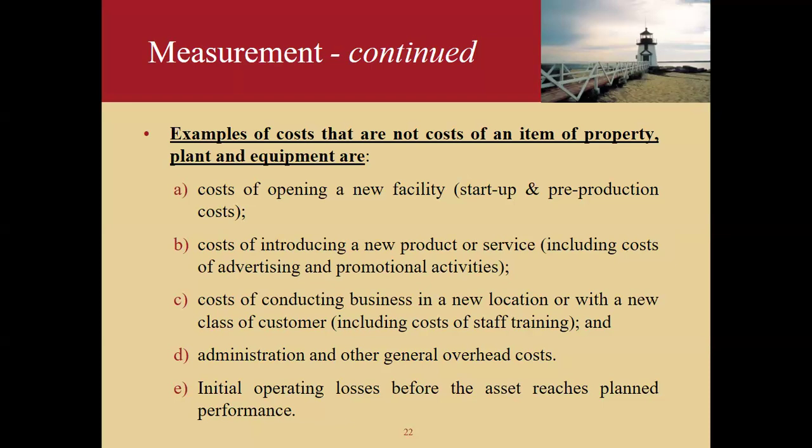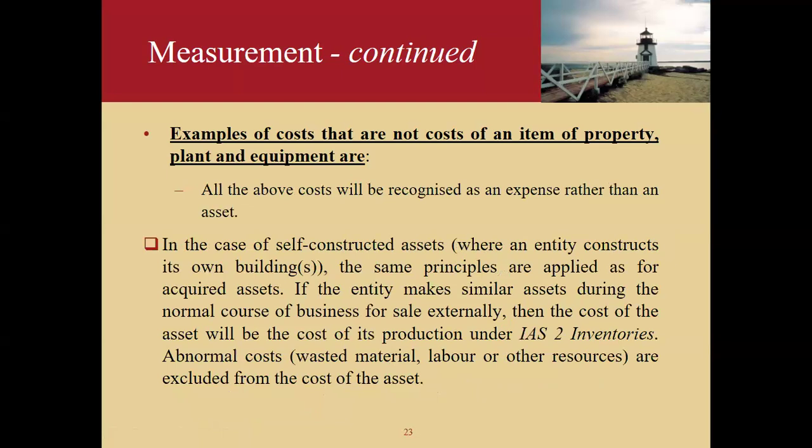So if you didn't grasp them well, you will confuse that too, and you will compute the cost of the property, plant, and equipment, which will not be right. So we need to put all this into consideration and note them seriously.